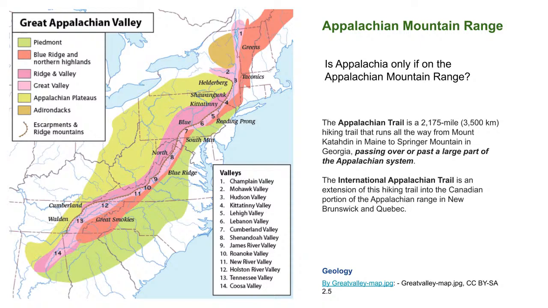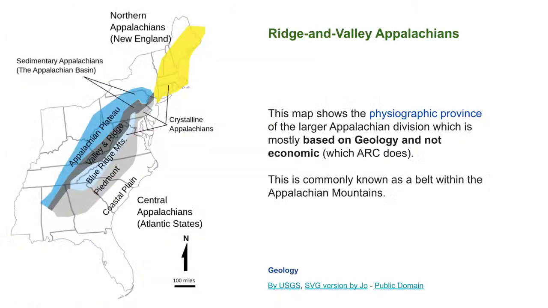I just think that this Piedmont area goes a little too far east. It needs to be closer in towards the pinkish mountain range. So that is where I disagree mostly, on that Piedmont area. But if you're going by geology, this is considered the Appalachian area.